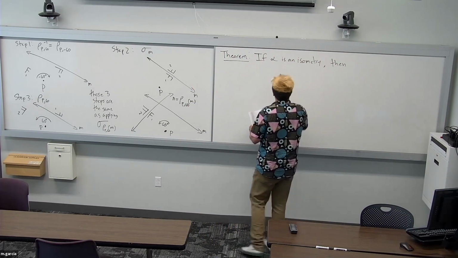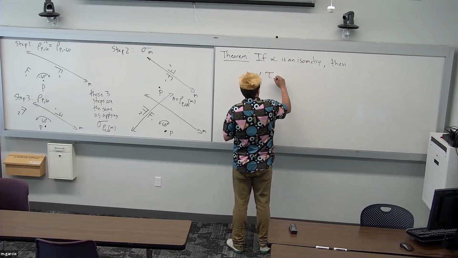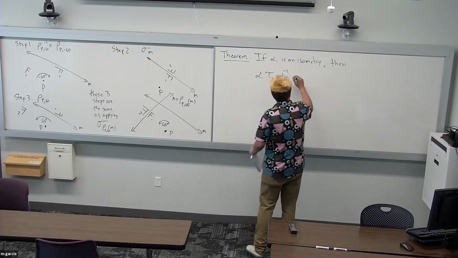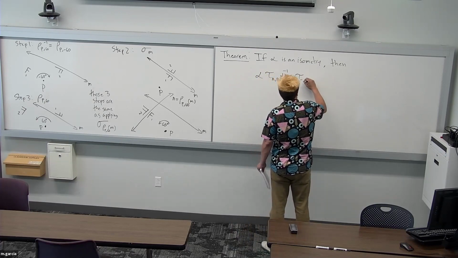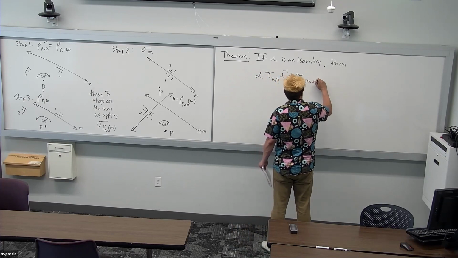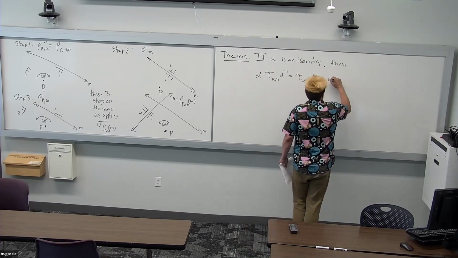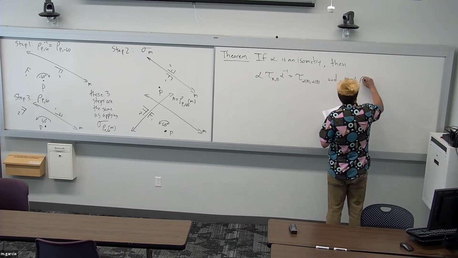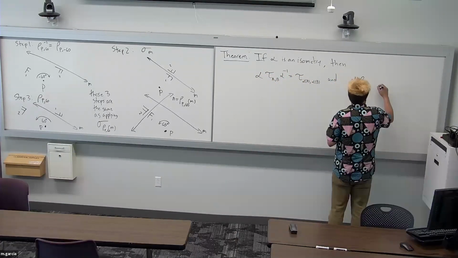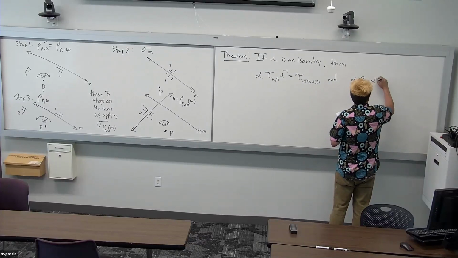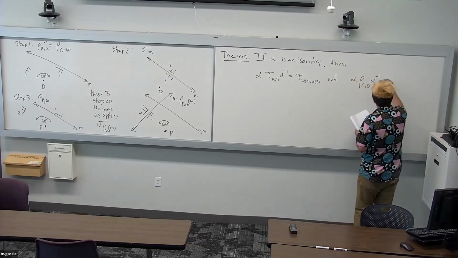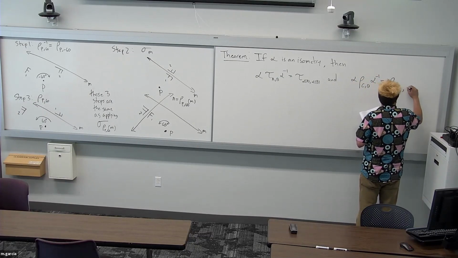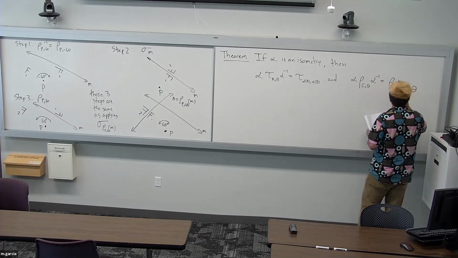Then we have alpha times tau sub A comma B, alpha inverse is just equal to tau sub alpha of A comma alpha of B, and also alpha times rho sub C comma theta, an arbitrary rotation, alpha inverse, is equal to rho sub alpha of C comma plus or minus theta.